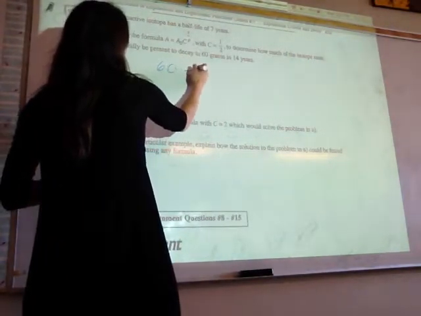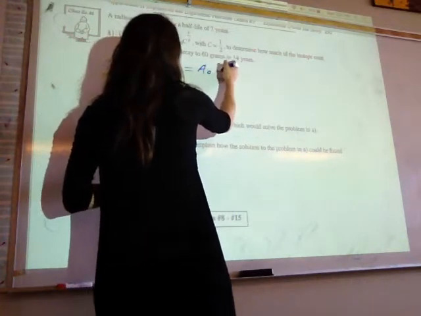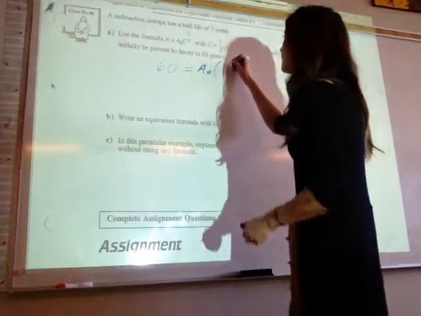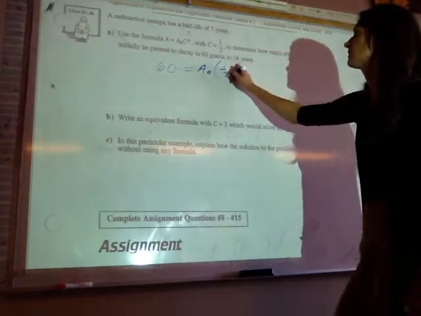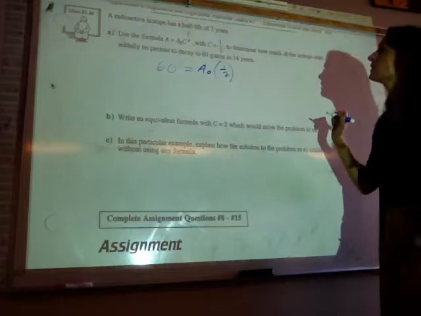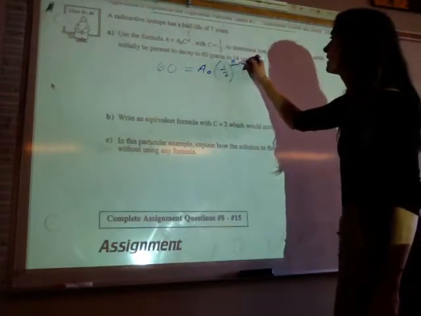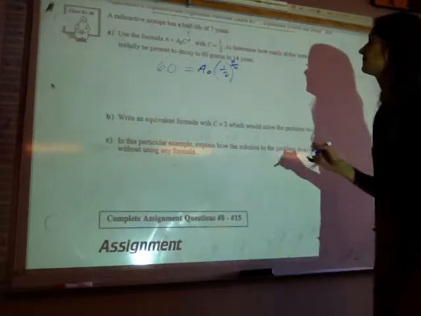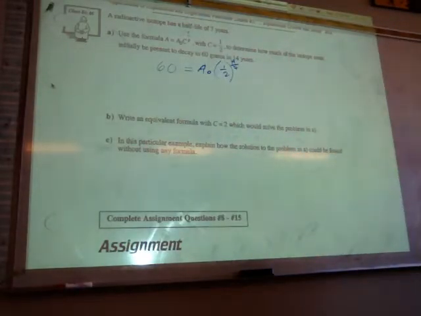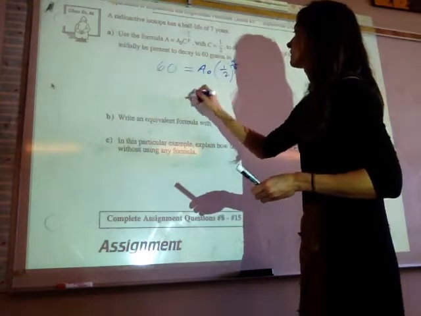We're going to end up with 60 grams. Our initial amount was unknown. Our constant, or our decay factor, was a half, so we have a half as our B value. The time was 14 years, and the period of the half-life was 7. So you could go ahead and solve. You'd get that the initial amount was 240.